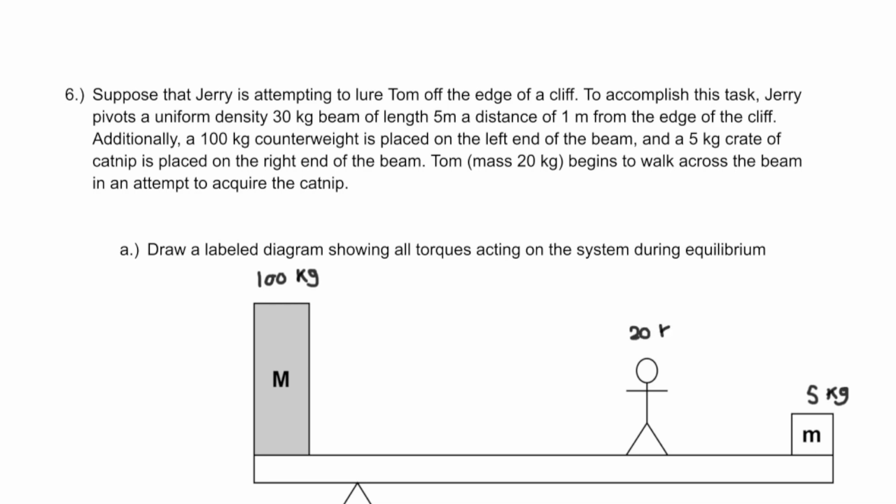Tom's mass is 20 kilograms. And we know that it's not pivoted about the center of mass in this problem, but instead it's pivoted about a point 1 meter away from the end of a 5 meter rod.